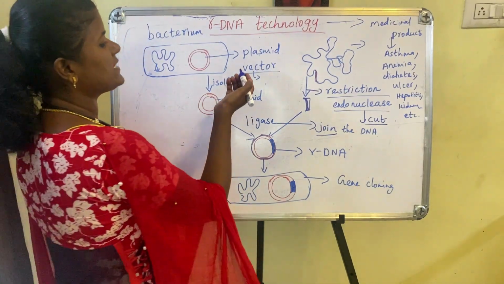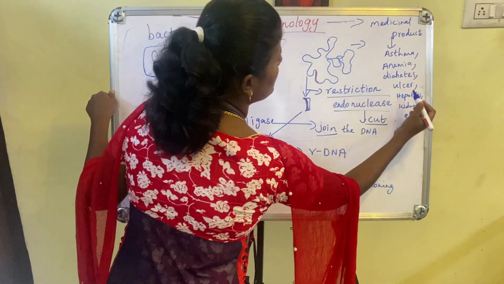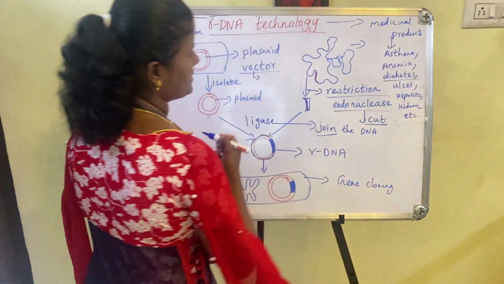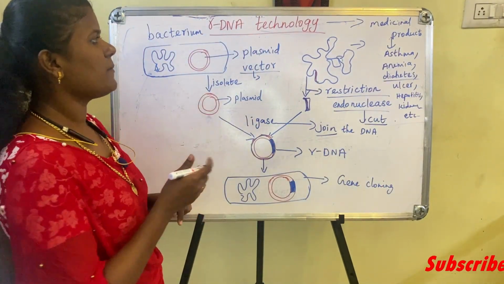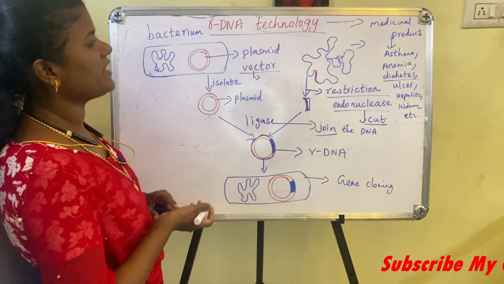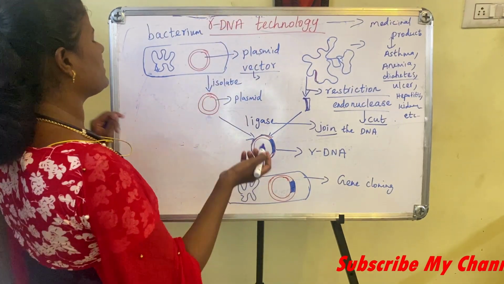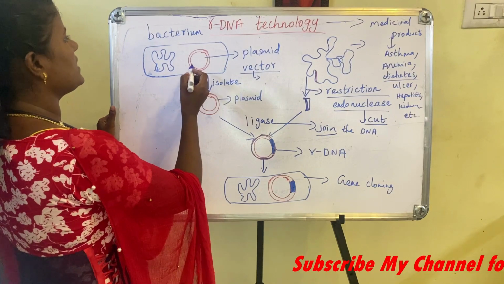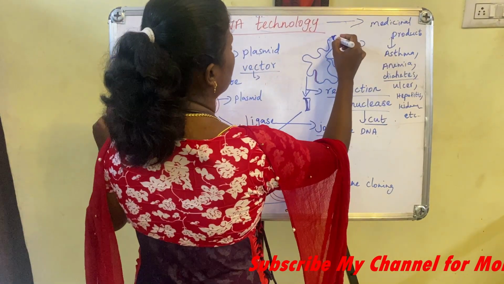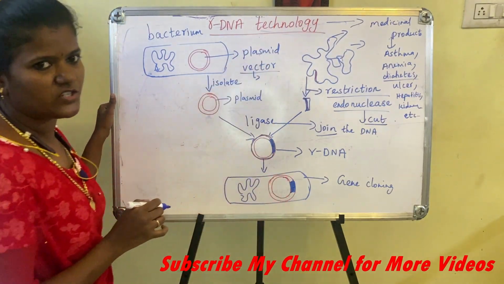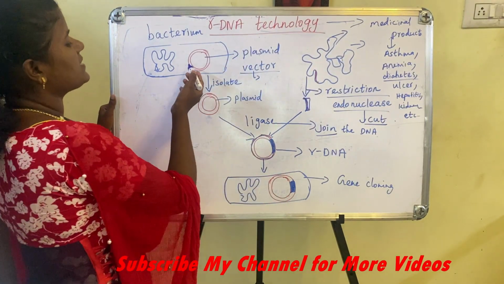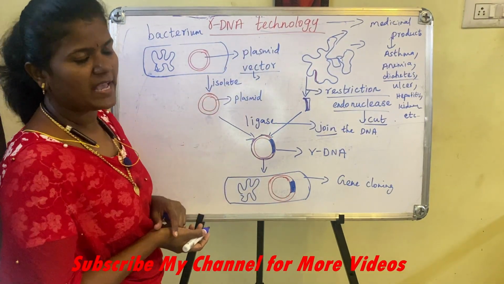Okay, I'll give an example. Let us take diabetes. We can produce insulin by using this rDNA technology. See here, we consider this the insulin coding gene. This is the bacterial plasmid.